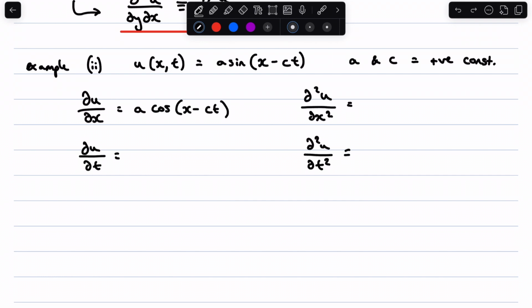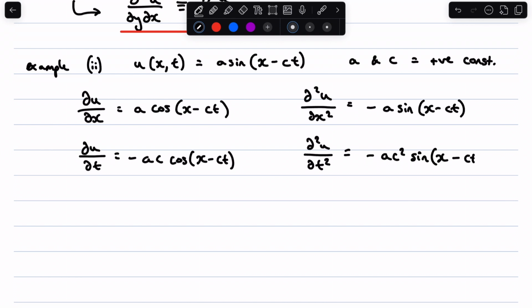And now if we find our d2u by dx squared, we'll have minus a sine x minus ct. And then we can look at du by dt. What's that? It's going to be minus a times c cos of x minus ct. And then d2u by dt squared is going to be minus a c squared sine x minus ct.